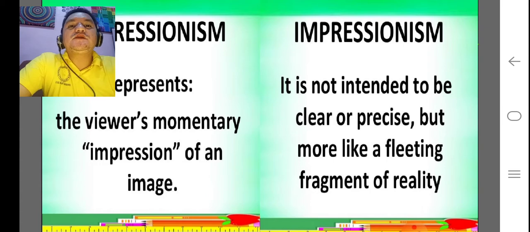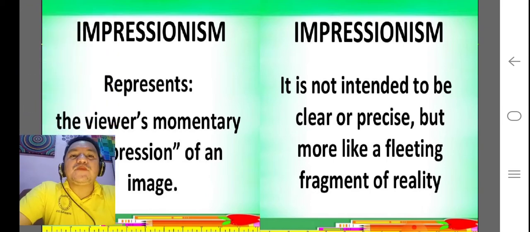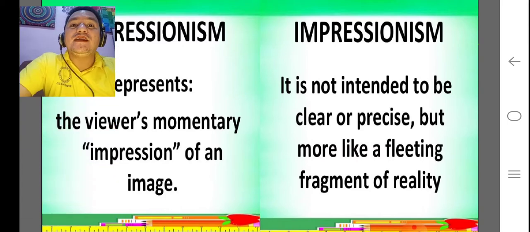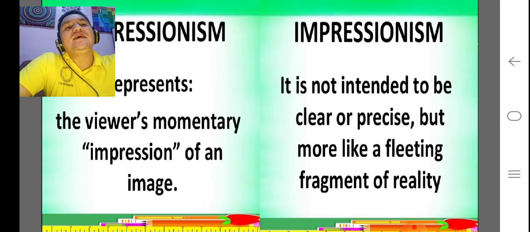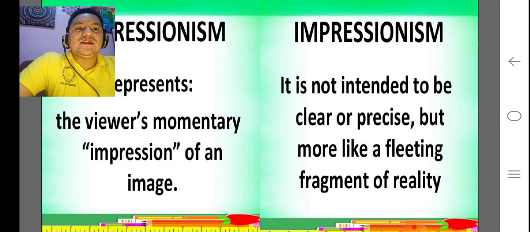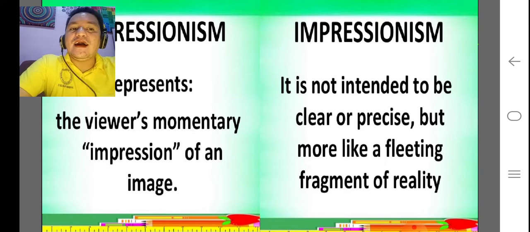Okay? So when we talk about Impressionism, it represents the viewer's momentary impression of an image. Impressionism is not intended to be clear or precise but more like a fleeting fragment of reality. Meaning to say, hindi daw nila kailangan na makuha yung mismong detalye ng pinipaint nila.